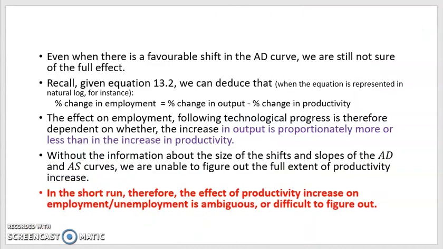Even when there is a favorable shift in the aggregate demand curve, we are still not sure of the full effect. If you recall, equation 13.2 says labor is equal to the ratio of output and productivity.